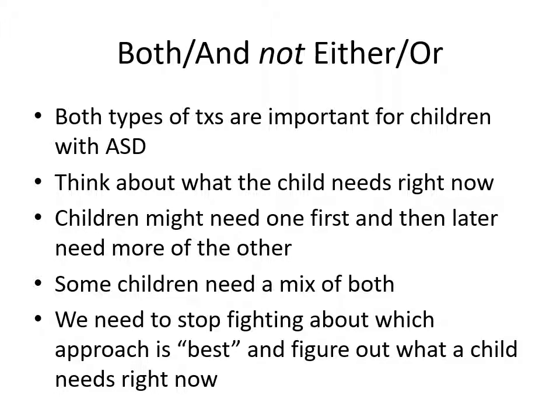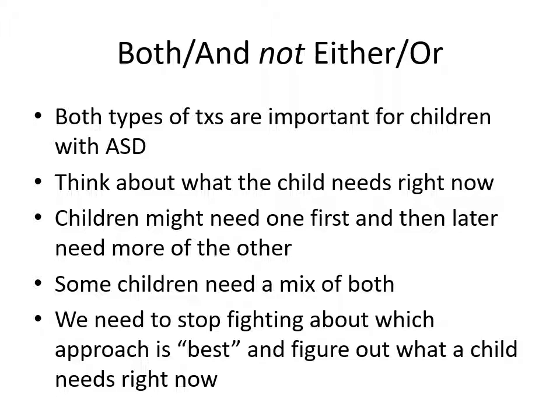To wrap up this entire segment on both behaviorist treatments and developmental relationship-based treatments, I want to emphasize that it's not either or. It's both and. So both types of treatments are really important for children on the autism spectrum. Children may need one type of treatment right now to best meet their needs, and then they might need the other treatment later on.